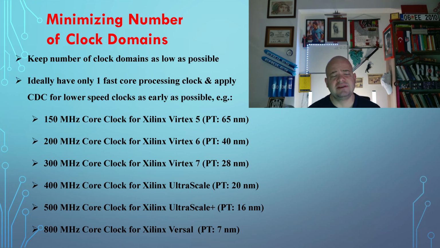As we explained, it is not perfectly linear, but the decrease of transistor size and the increase of target clock frequency are somewhat related. There is a 30-something percent increase from Virtex 5 to 6, and also a 38% decrease in the transistor size from Virtex 5 to Virtex 6.